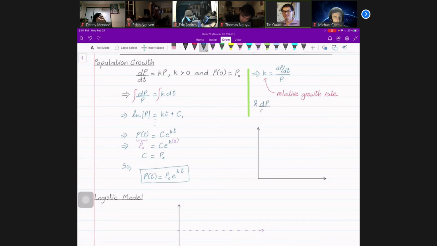What kind of rate is that? dp dt is an instantaneous growth rate, like in calculus 1.